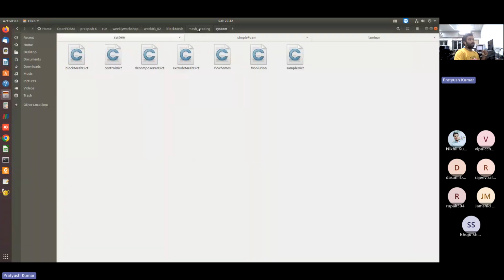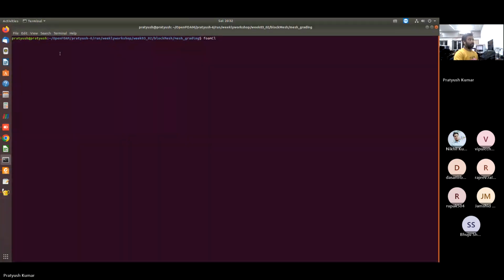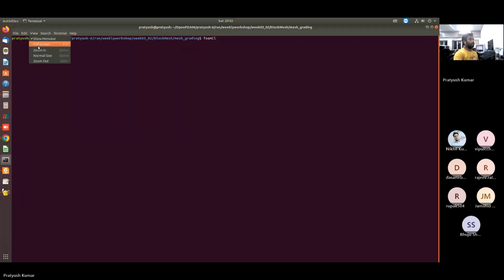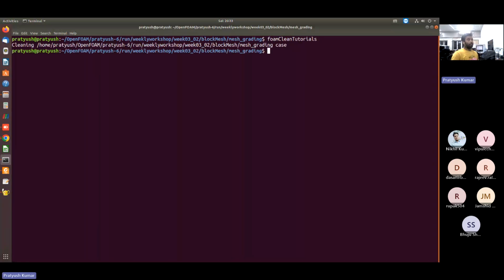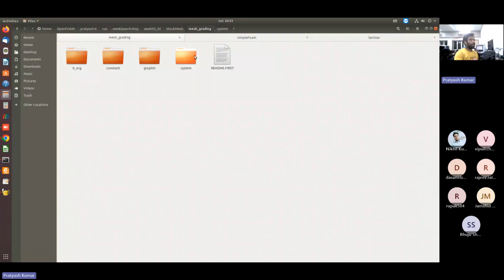So now let me run the blockMesh for this example. Let me zoom in a little bit. Okay, sorry, there is a version issue.